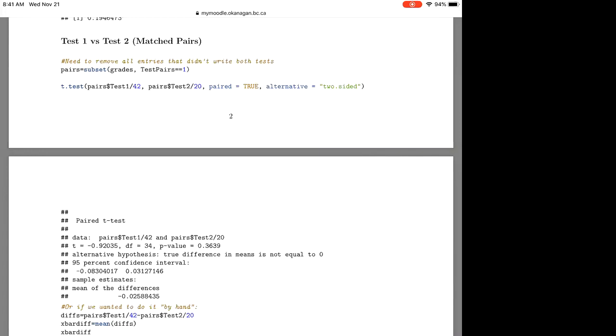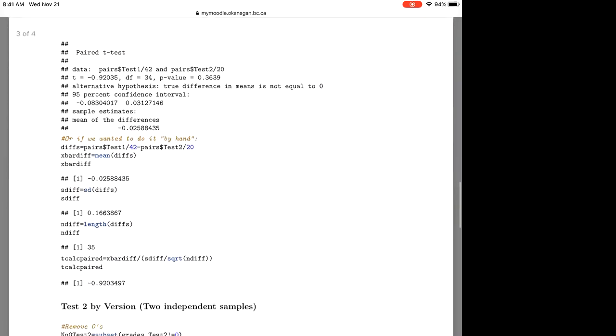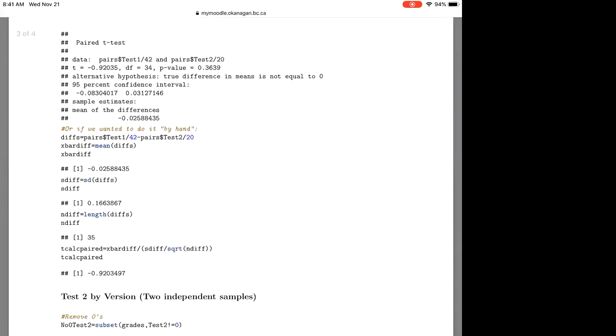So you can have a look at that. I did the calculations, so I'm giving you the x bar of the differences, the standard deviation of the differences, and the n of the differences. And then we could generate the same t calculation by hand. I did it in R, obviously.